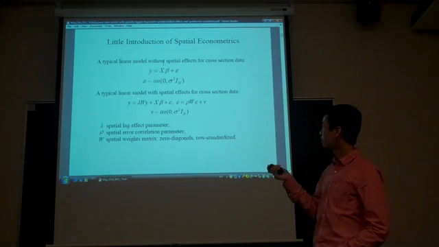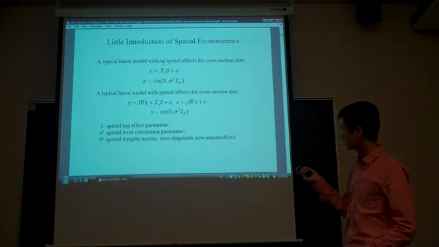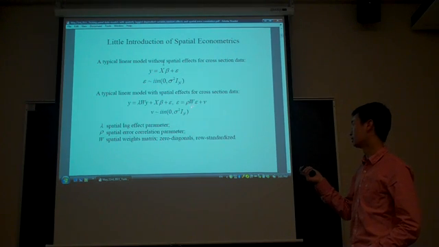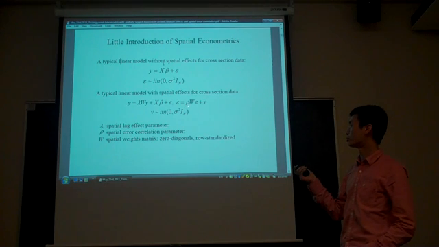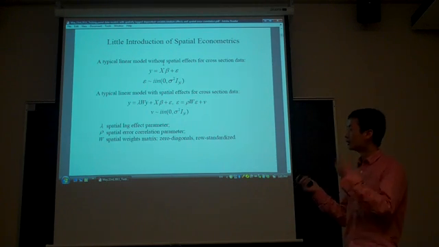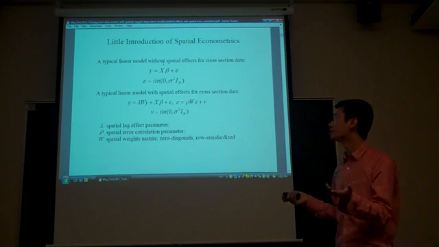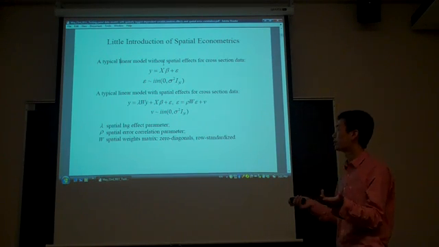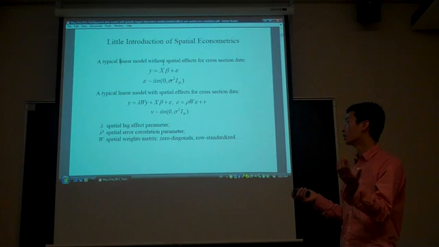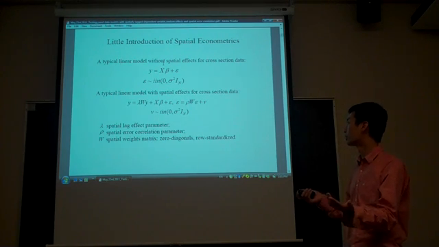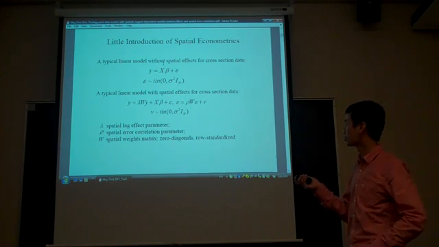By the same idea, we can have spatial dependence in the error term, captured by the spatial weight matrix as well as the parameter rho here. So the idea is that the dependent variable of one unit depends on the dependent variable of its neighbors, and the same in the error term.